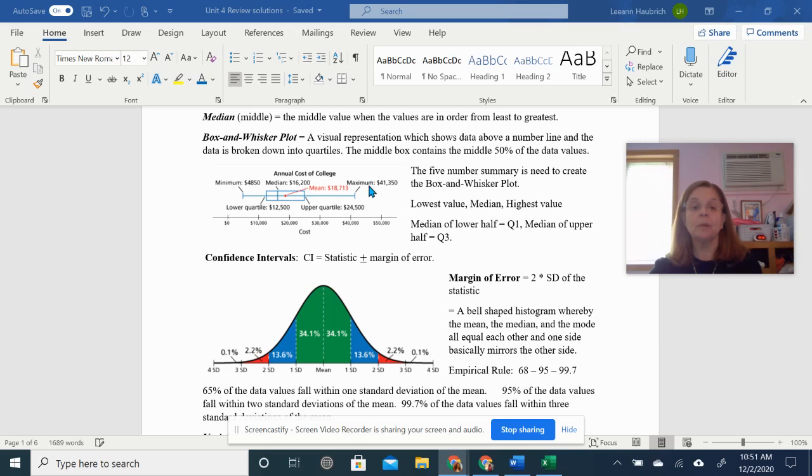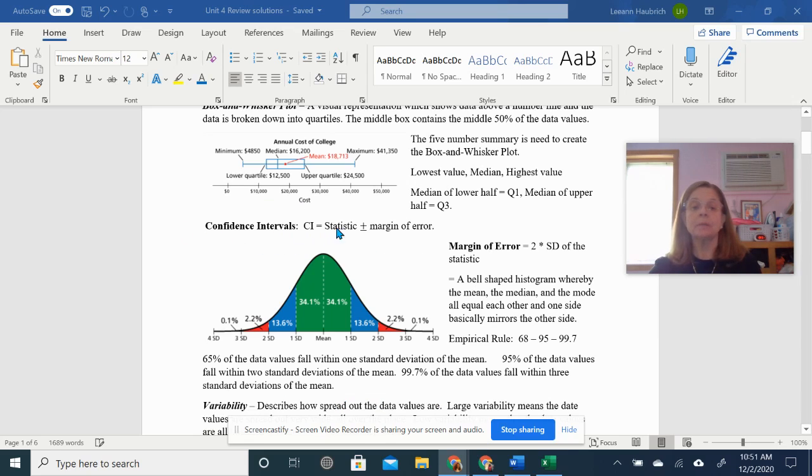This particular one wrote the values on, but usually you would just go straight down to the number line to read the values. So 25, 25, 25, 25, 50% right smack in the middle. The box always represents the interquartile range, or 50% of the data.